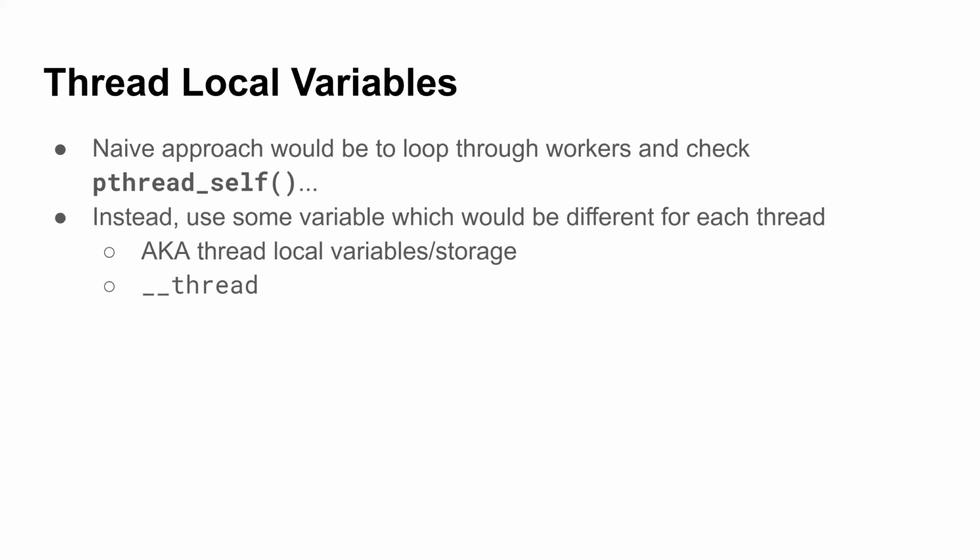Thread local storage basically already handles this all out of the box. You just need to make a single statement using the __thread construct. And then this variable will be different for each thread that has been created using your program. So that's the benefit of using thread local variables.